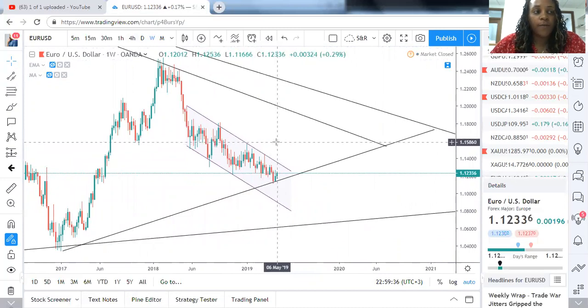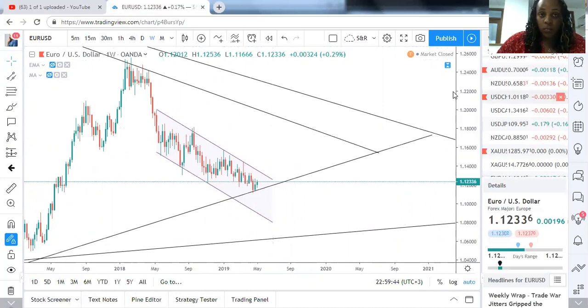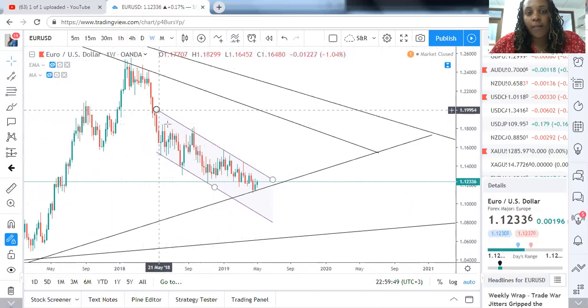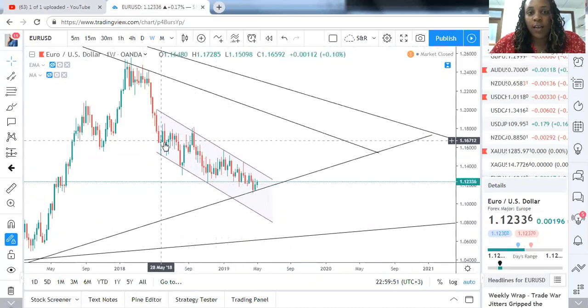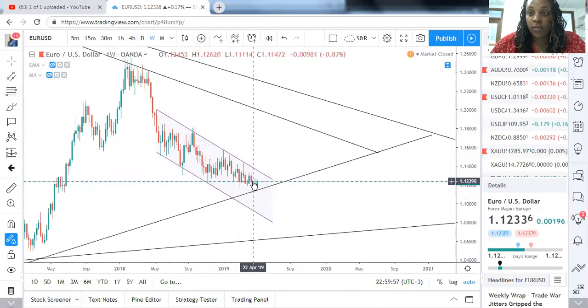And if you study flag formations properly, or at least just print them out and have them at your convenience, you will notice that when you have this type of pattern, this type of falling wedge, what we look for is for price then to actually reverse.